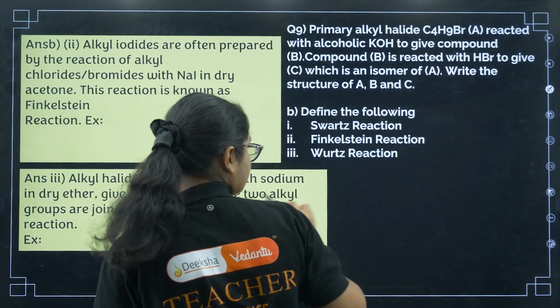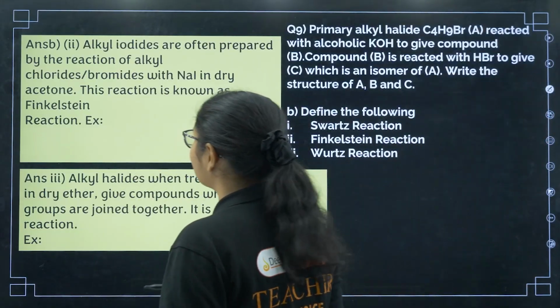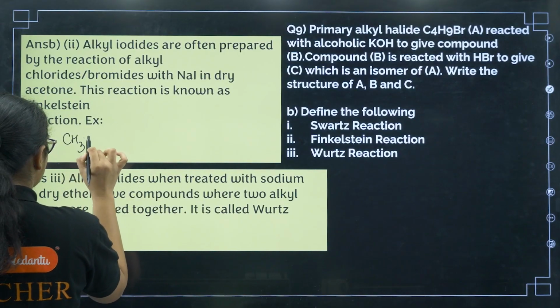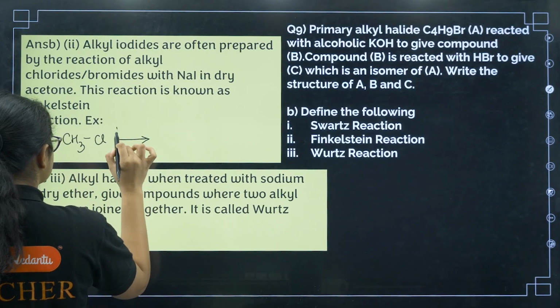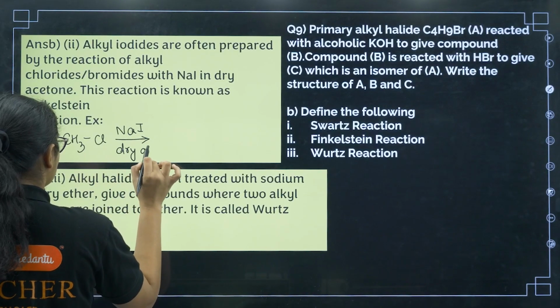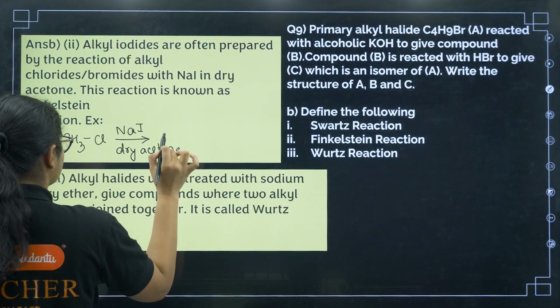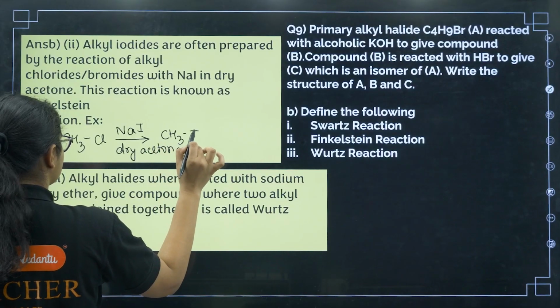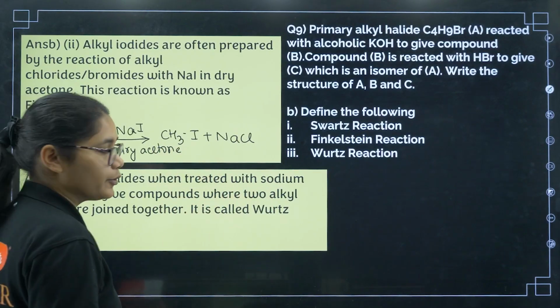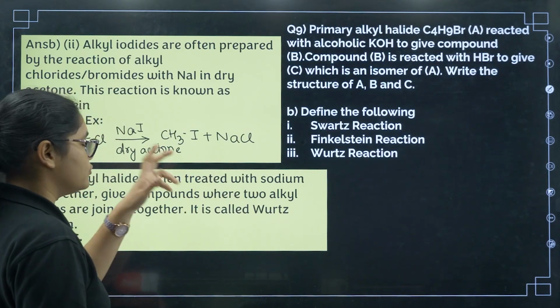If I just want to write an example, suppose you have CH3Cl plus NaI in dry acetone, it will give me CH3I plus NaCl. Next we have the Wurtz reaction.